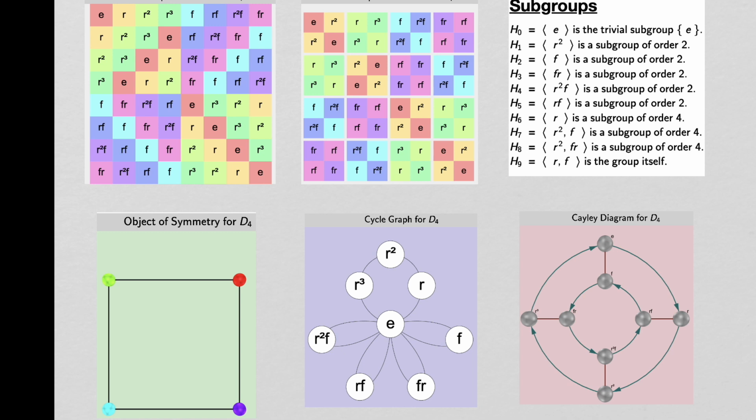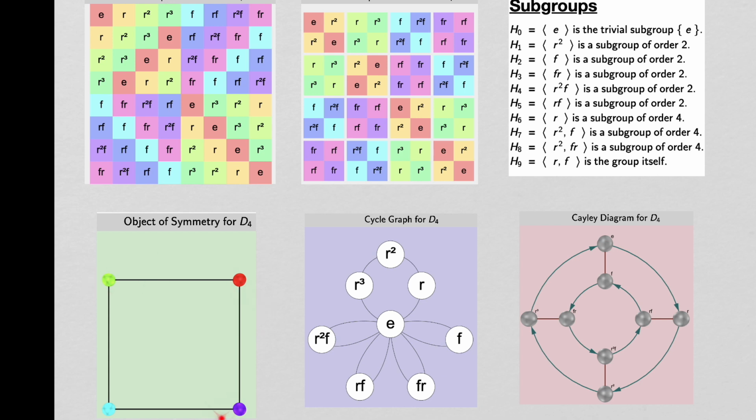D4 is a bad example to lead with, if that's my point, because this is obviously rotations and flips in D4, but not all groups have an object of symmetry you can draw, although they all presumably have an object of symmetry, even if that object of symmetry is higher dimensional and hard to describe and maybe not even known. The presumption is that there's some symmetry object out there that remains invariant in shape, at least, even if we can't visualize it.